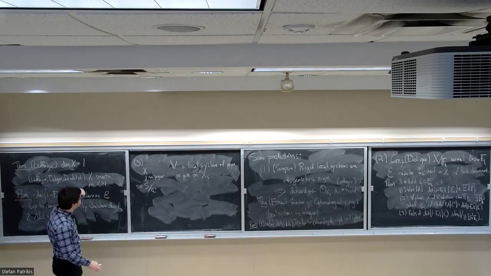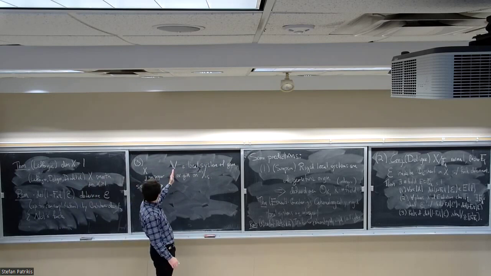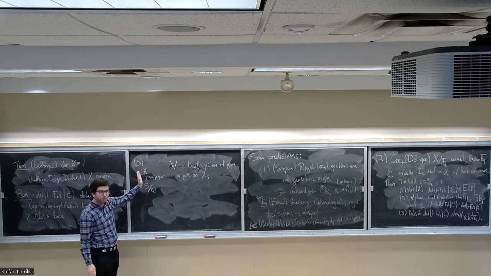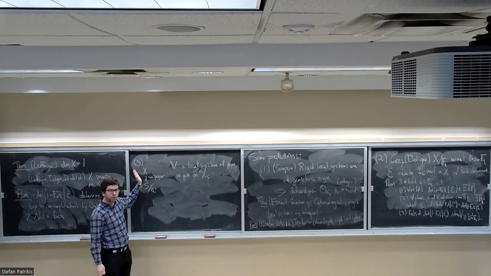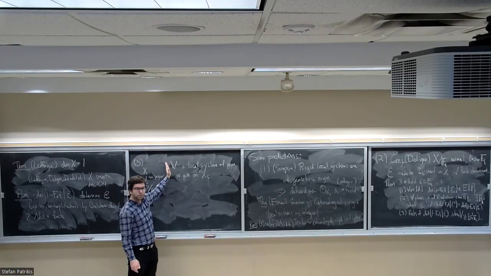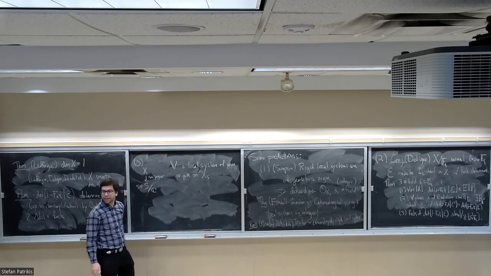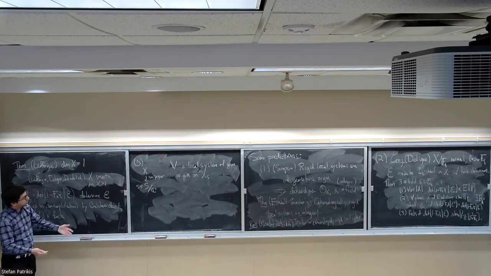This relative Fontaine-Mazur conjecture gives a prediction for when you pass to a nearby fiber. This is a smooth proper map, so all the fibers are homotopy equivalent, so a local system on one fiber gives a local system on any nearby fiber. I want to explain a prediction for when it has geometric origin.